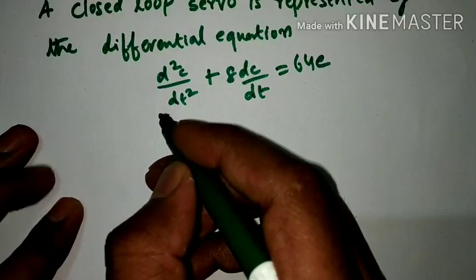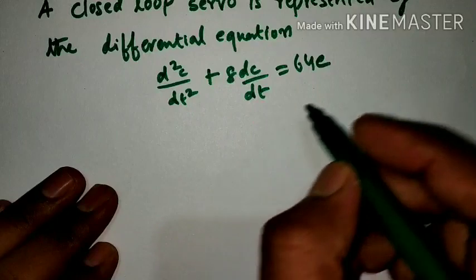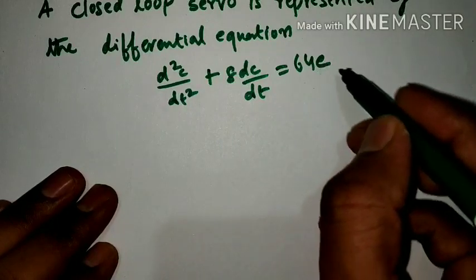Okay, where c is the displacement of output shaft. This one is the e.